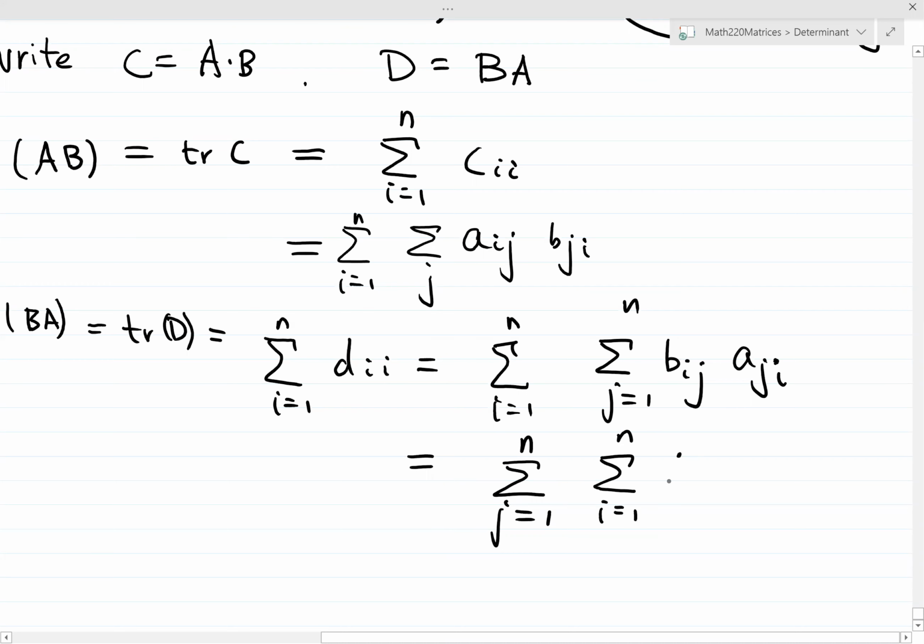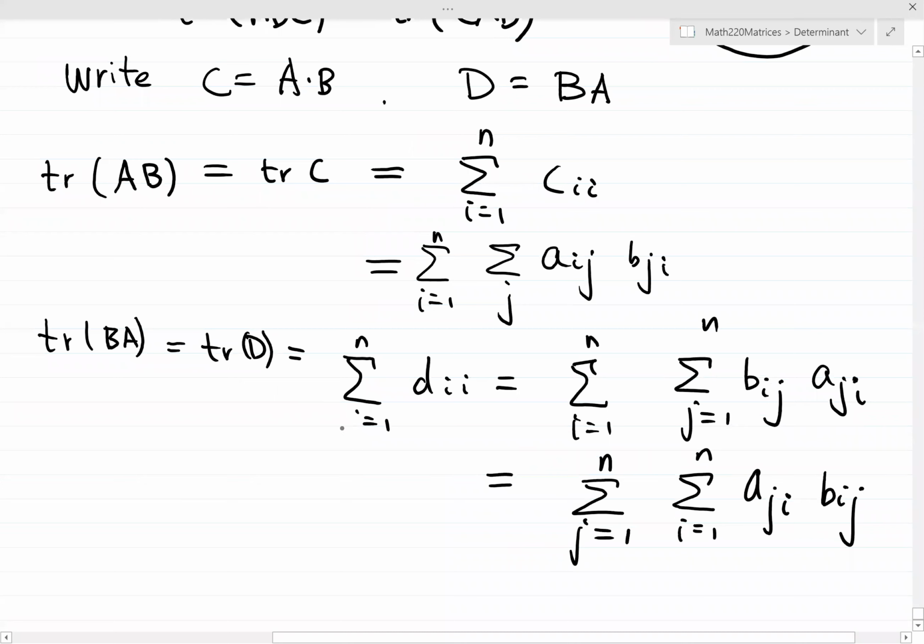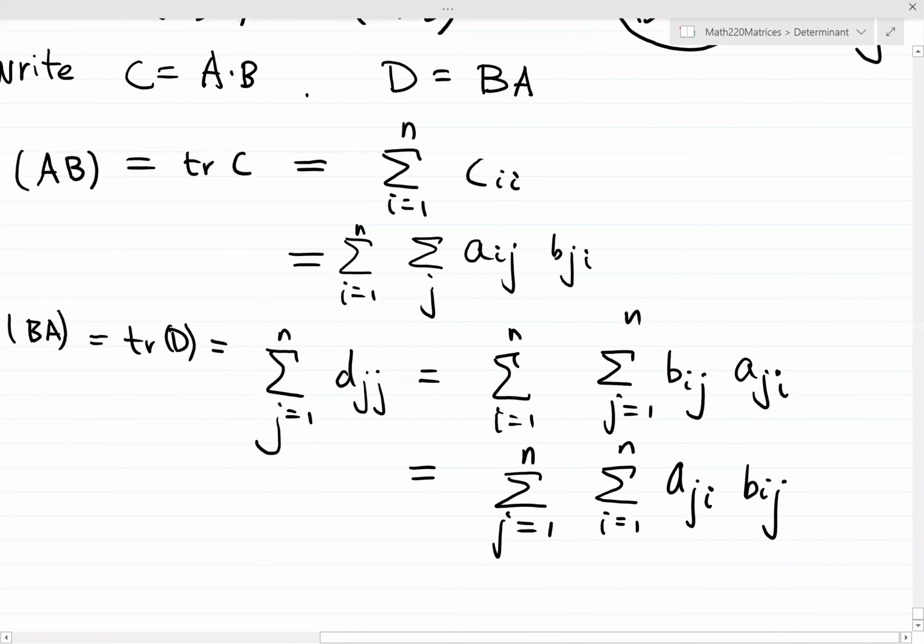So you get A_ji B_ij. Here, just manipulate. Let me change the index and rename the variable, so let's use the letter j. This is easier if we rename the variable.